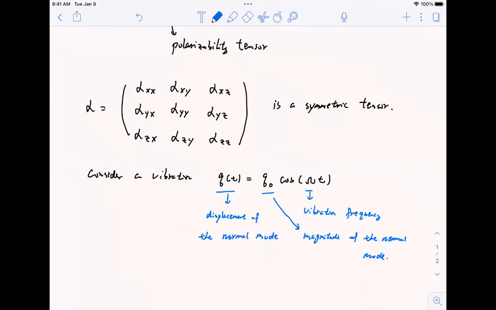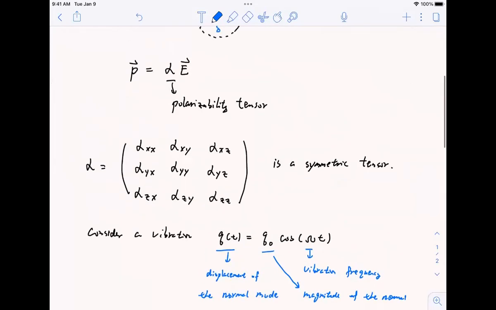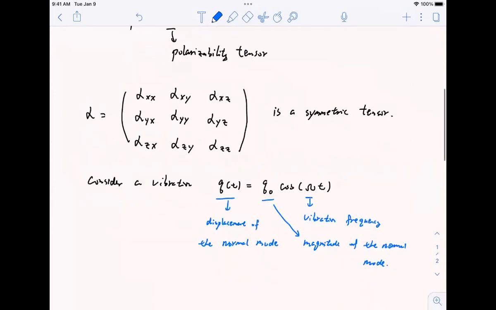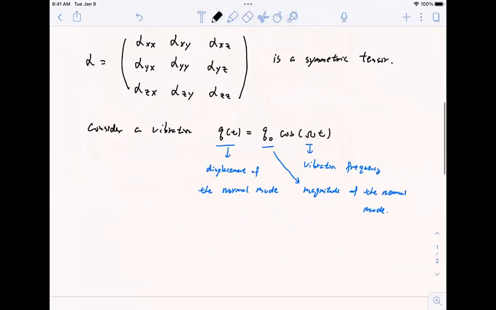Then this polarizability tensor would depend on this, because a vibrating molecule will have a slightly different polarizability tensor.